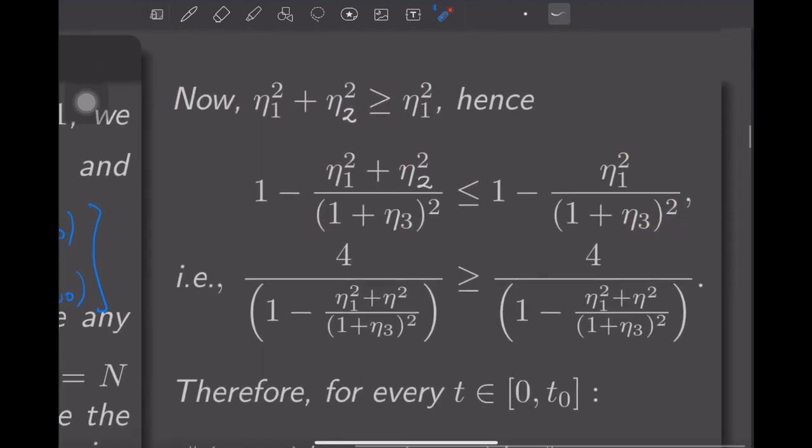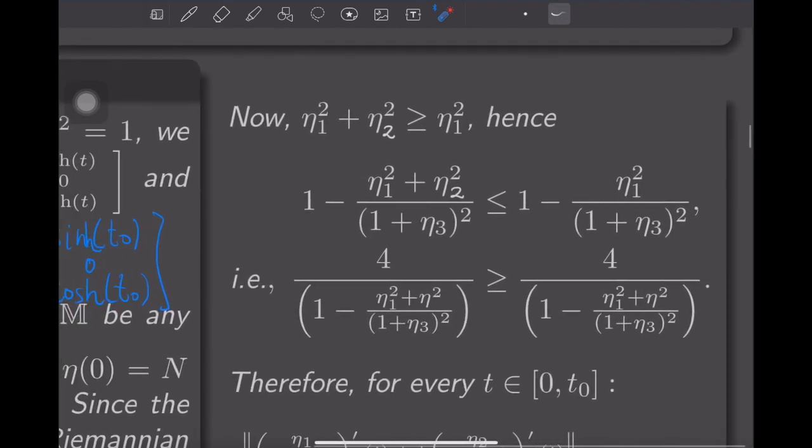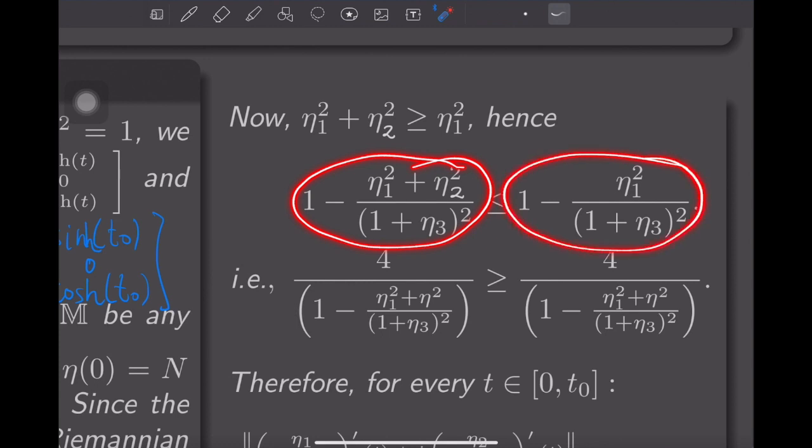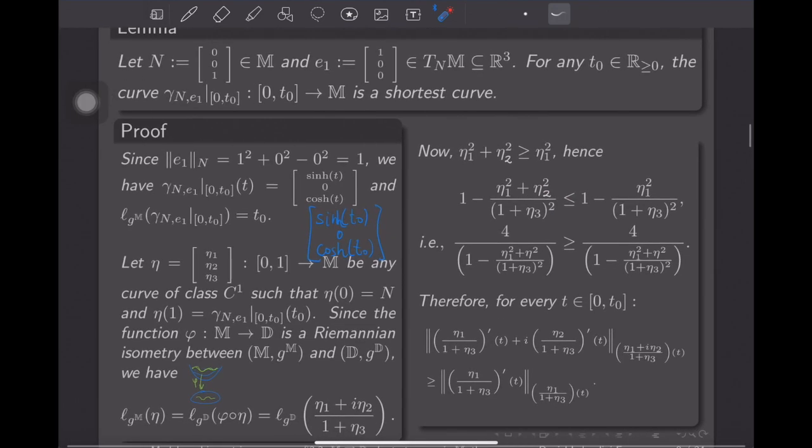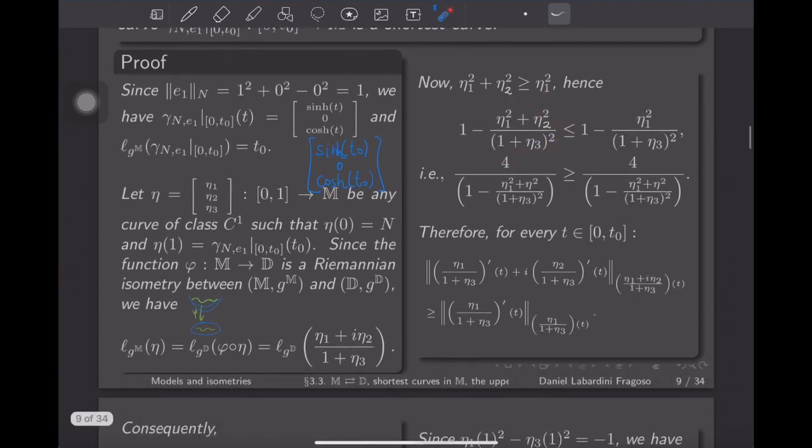Okay, and now once more, you see these are positive numbers. Why is this positive? It's because this lies on the disk. If you take the norm of this square, it's precisely this. So this is always positive.